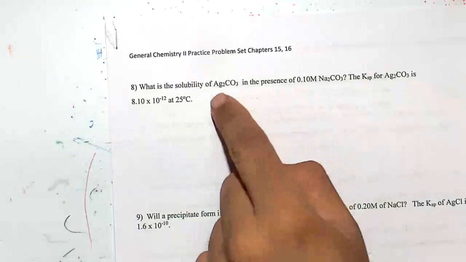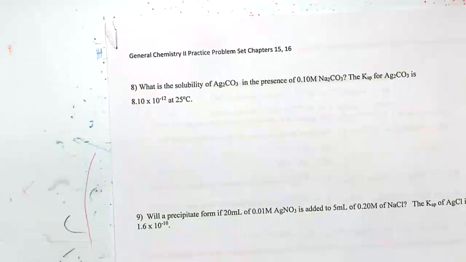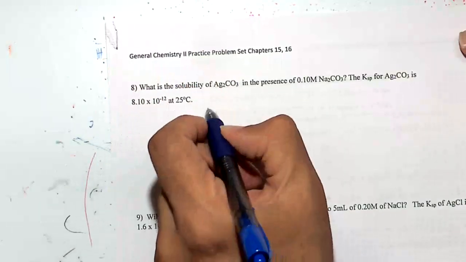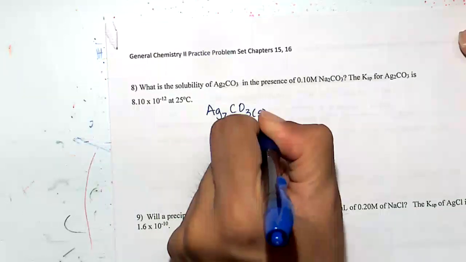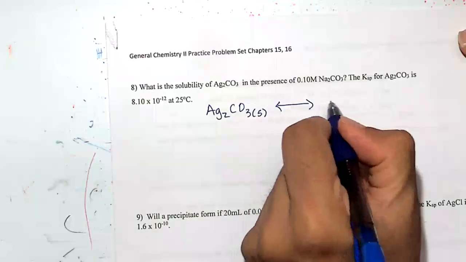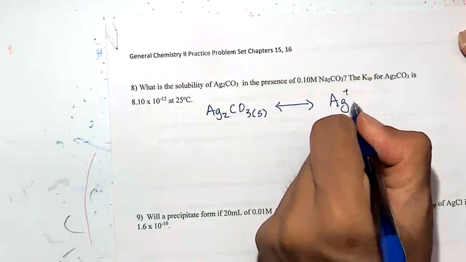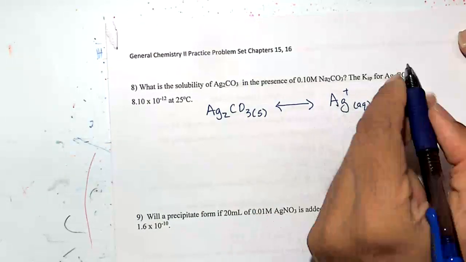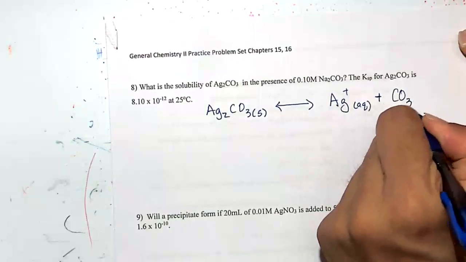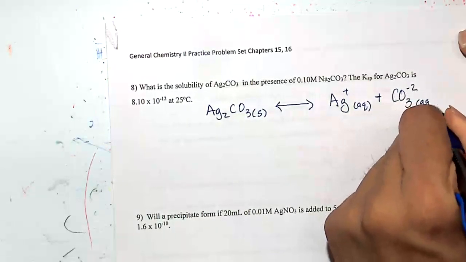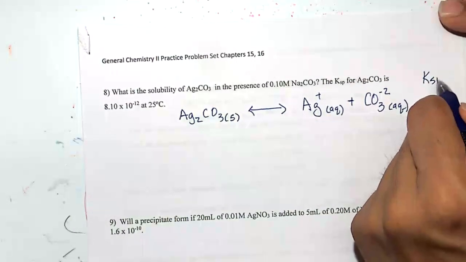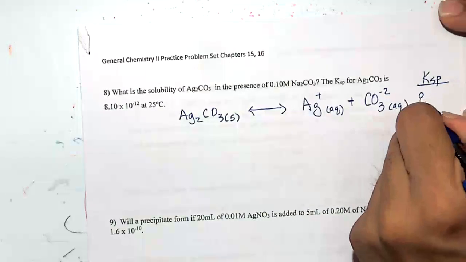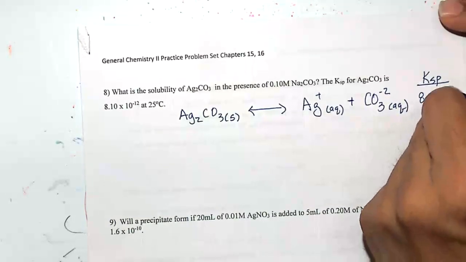All right, the solubility of silver carbonate in the presence of 0.1 molar sodium carbonate. So this is just like the one we did before, except we have what we are going to call the common ion. And they tell us the KSP here is 8.10 times 10 to the minus 12.